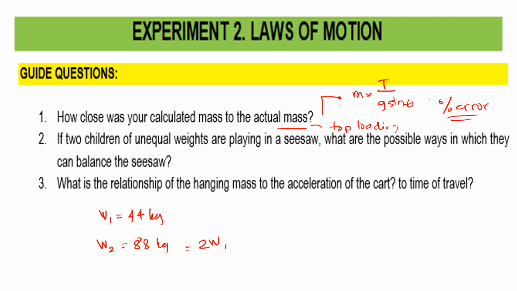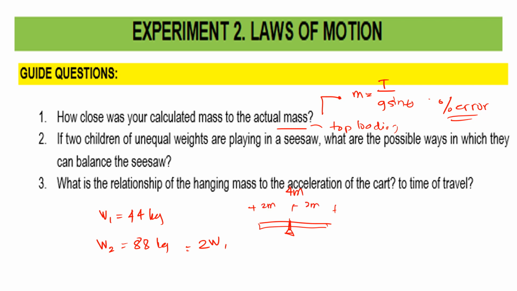If they will be sitting on a seesaw, assuming this is the seesaw, this is the center, and assuming that the length of the seesaw is 4 meters, so this is 2 meters, and this is also 2 meters.